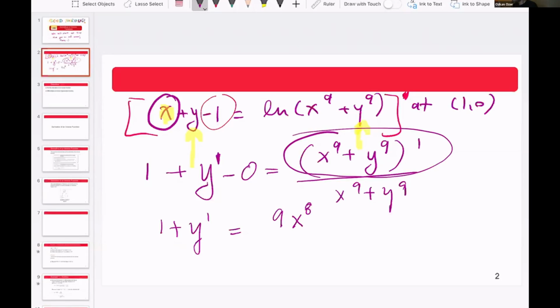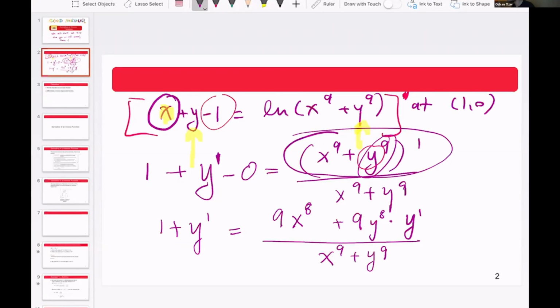And for this term, I'm going to use the chain rule, or generalized power rule, which essentially means that I'm going to put the 9 down and subtract 1 from the power, but I'm going to multiply this by the derivative of this inner part, which is y. And I know that the derivative of y is y prime. Okay? And this is all divided by x to the 9 plus y to the 9.